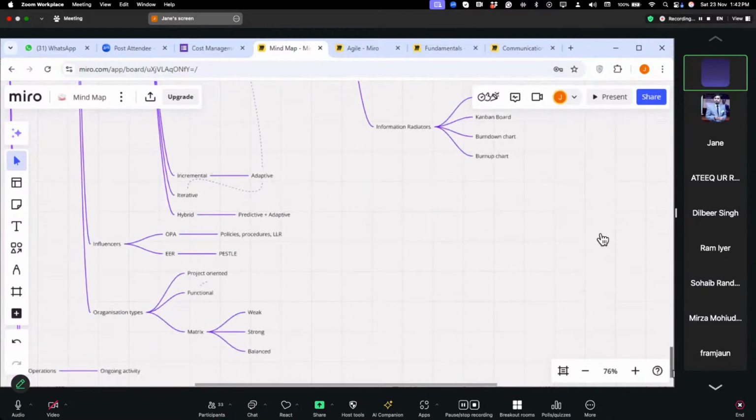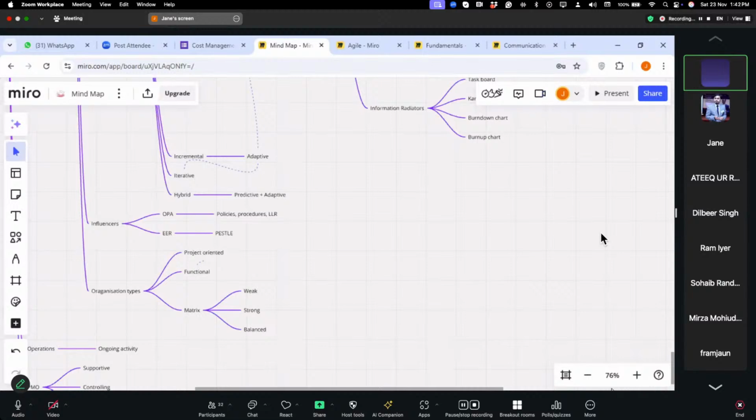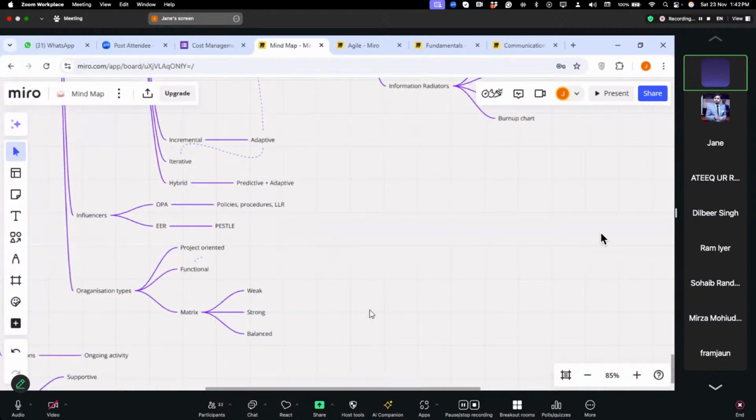Then we have the types of organization. We have 3 types of organizations: projectized, matrix, and functional. Projectized is project-based, functional is function-based, and matrix is where both projects and functions are equally important. Under matrix, we have 3 more subdivisions: weak matrix, strong matrix, and balanced matrix.